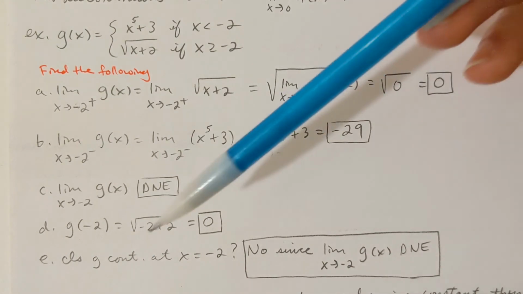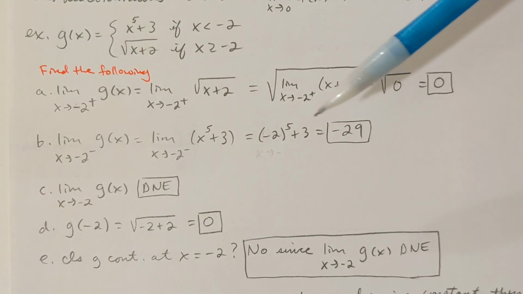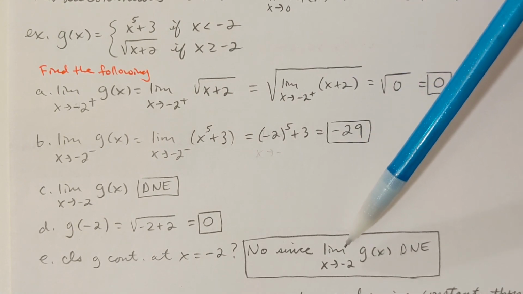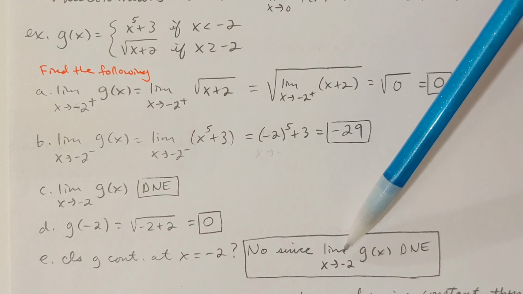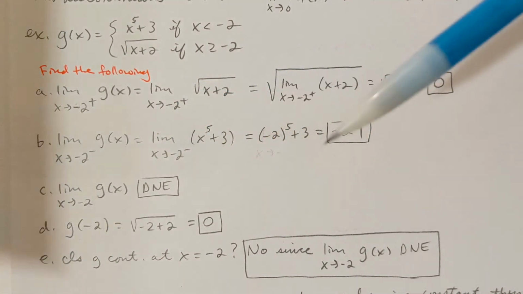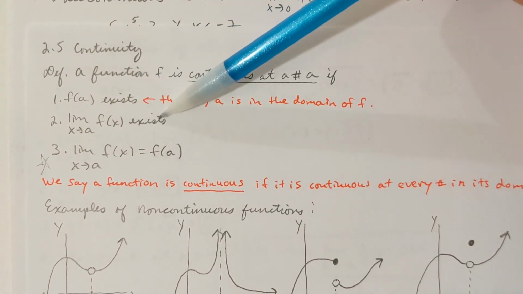Okay, is g continuous at x equal -2? No. There's lots of explanations that you can make about this. One explanation would be to say that the limit as x approaches -2 of g of x does not exist, right? In talking about continuity, the limit as x approaches a of f of x has to exist.